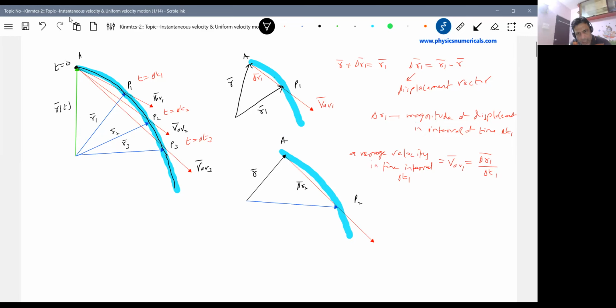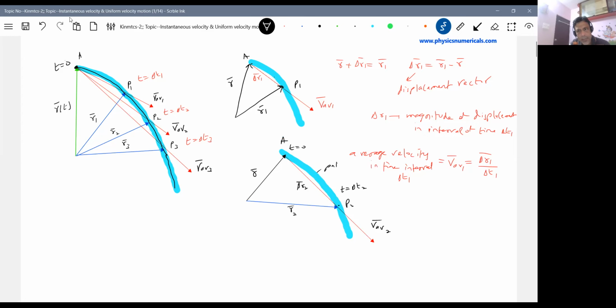This is R2 bar. And this is V average 2 bar. At T equals 0, it is here. After some time T, the particle is at point P2.